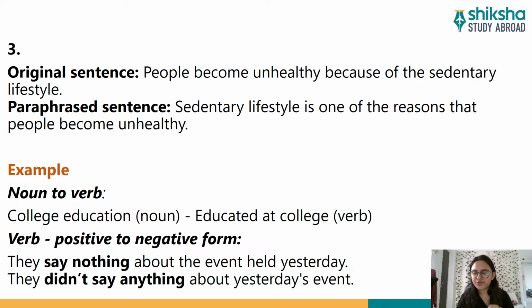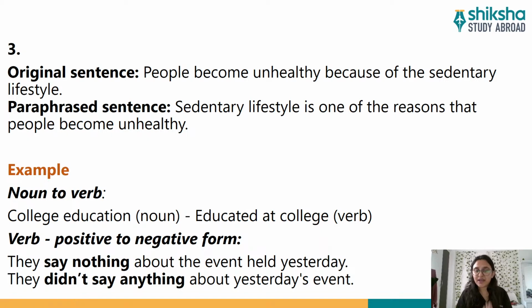So this is also known as paraphrasing, when you're actually not using your own synonyms, but you're trying to do the paraphrasing by jumbling the sentences or maybe by moving the clauses from one way to another, right? So an example can be noun to verb. That means, for example, college education, which is a noun, and we are converting it into a verb. Educated at college. This is a verb, right? So this is how you can actually paraphrase.